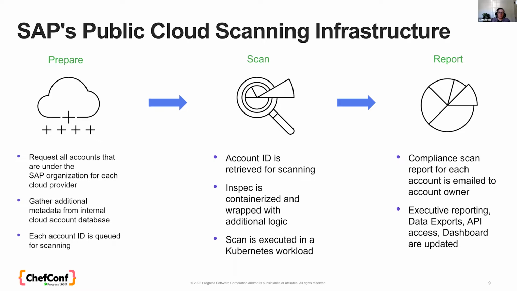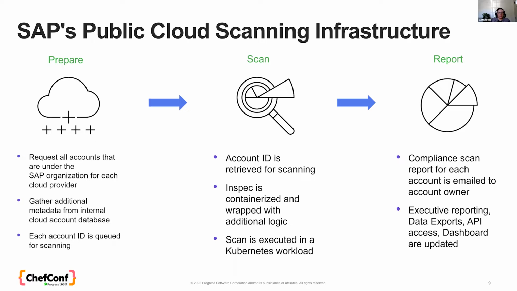So when it comes to our infrastructure, we have these three high-level areas. We have our preparation, our scanning, and our reporting. So in our first phase, we prepare and gather data on our cloud accounts.